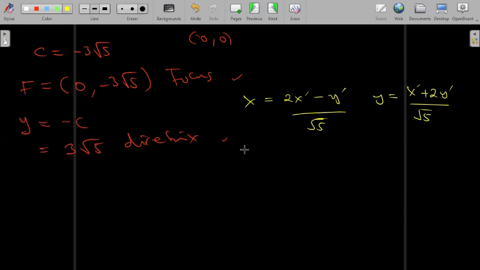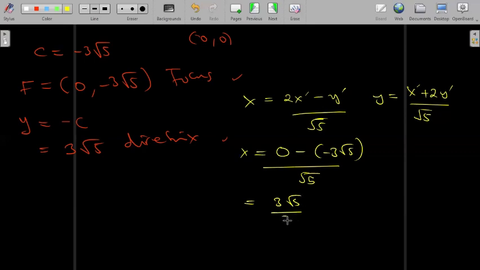So for my focus, what is my x prime? It's 0. So this whole entire term goes to 0. Minus 3 root 5 over root 5. And that just gives me 3 over root 5, root 5. Oh, nice. And this divides, and I just remain with 3. Do the same with y. And I get with y, it's going to give me 0 for x, and my y is going to be negative.